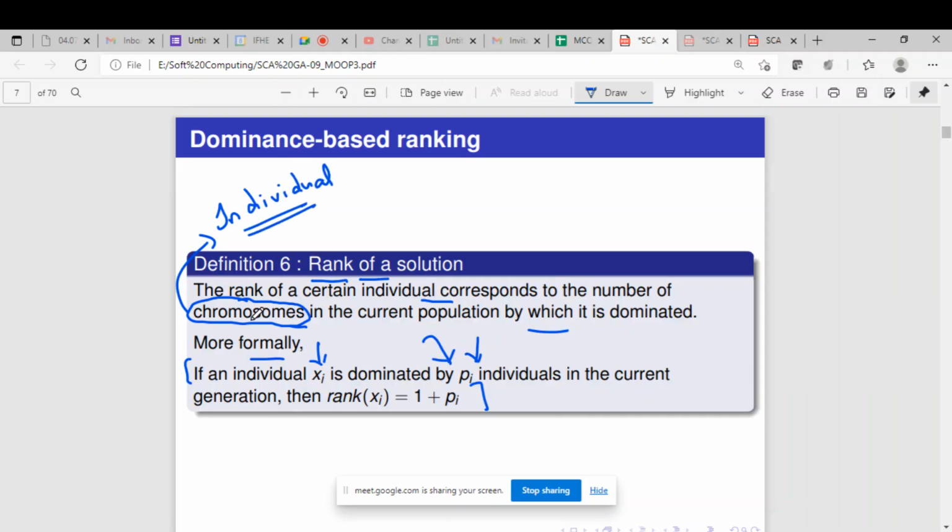If you want to identify the rank of individual k, you should know how many individuals were dominating k. If some x individuals were dominating k, then I can identify the rank of k.